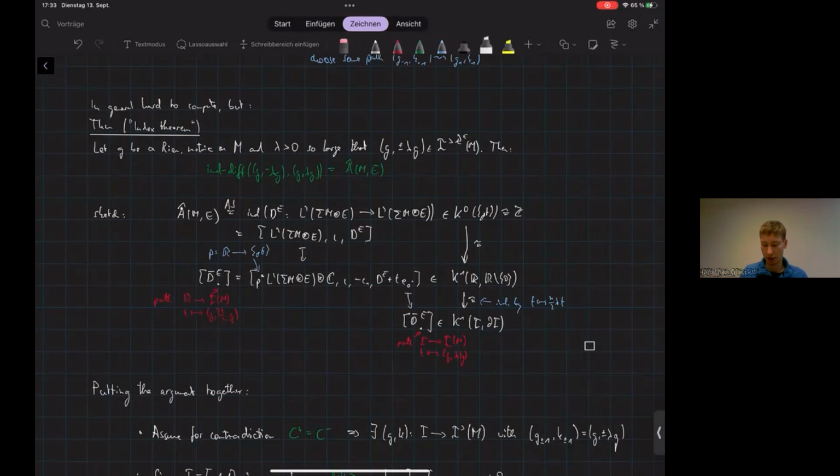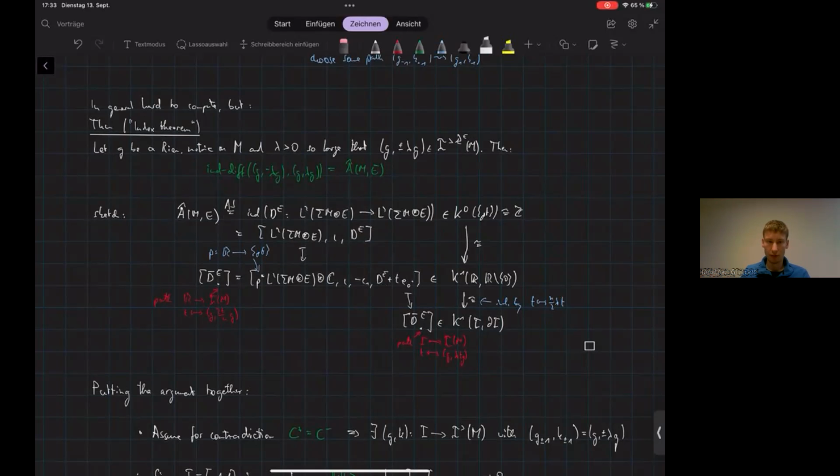So the statement is that under the Bott isomorphism, this twisted A-hat genus is precisely this index difference between those two specific pairs.